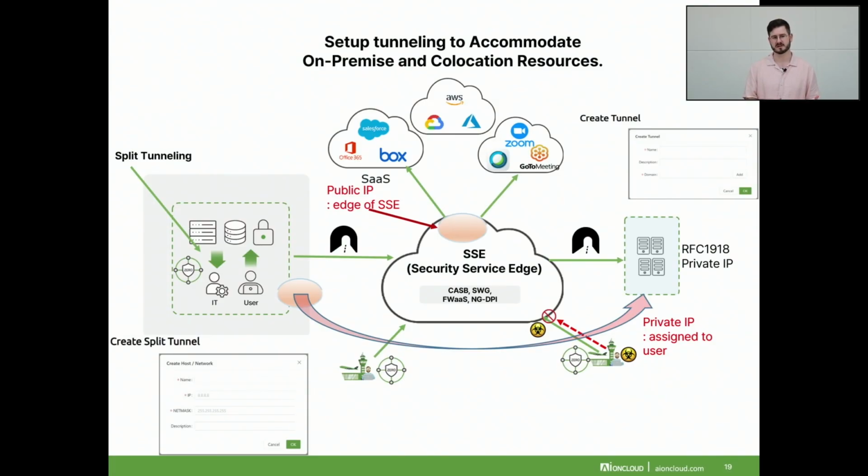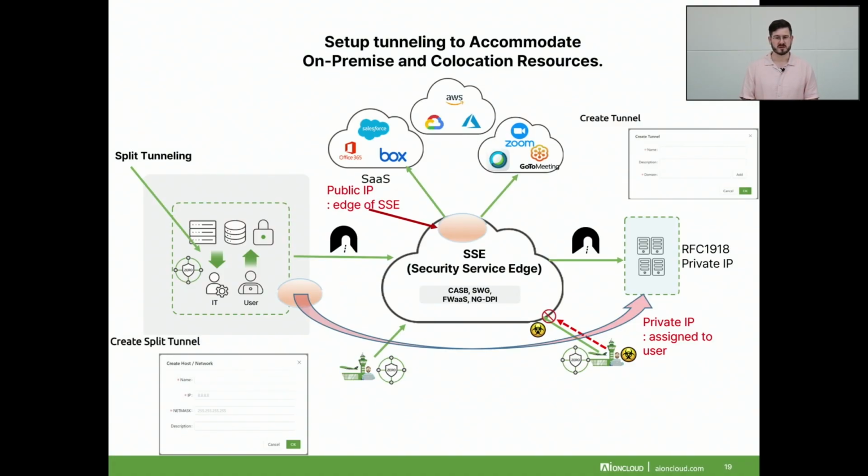And AIONCLOUD's security edge can be configured so that we can split the tunnel between our VPN service and the local area network, so that depending on the rules you have set up, traffic can be routed through either, which means a local user can access local resources that don't have to go through the cloud if it's not required.